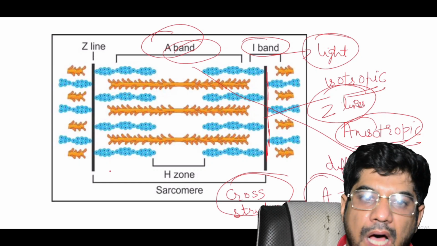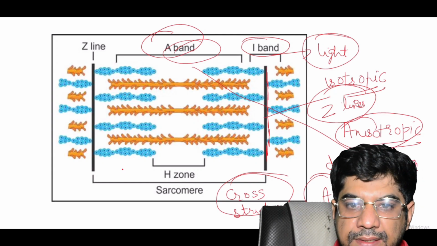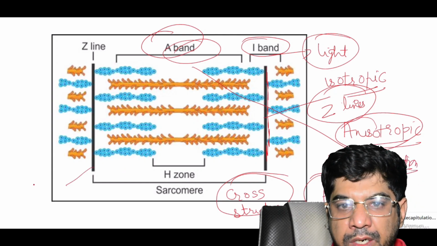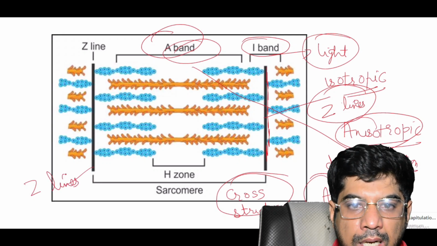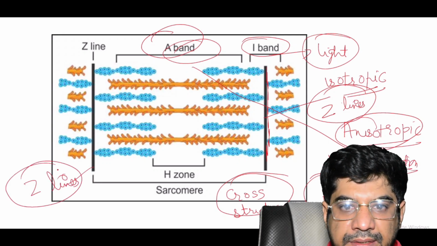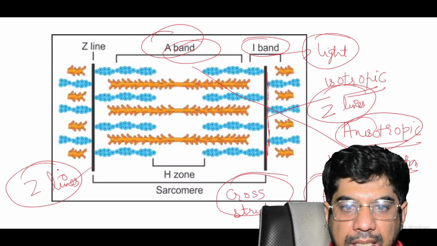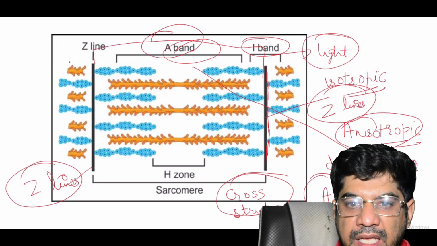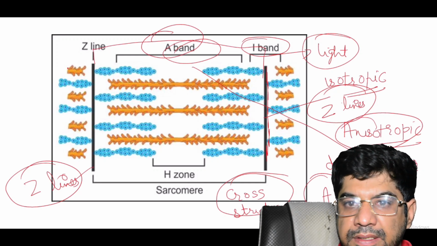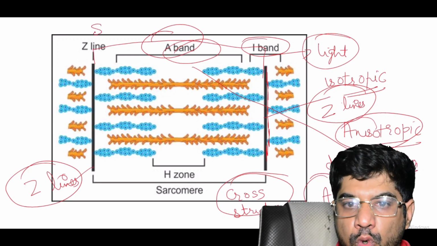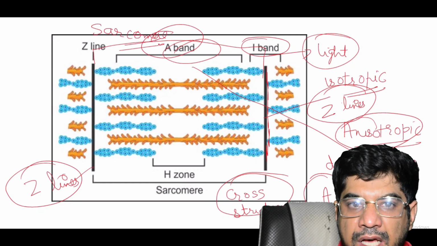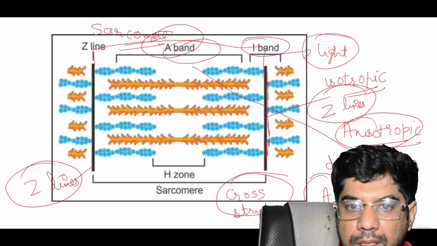So what divides the I band into two portions? A narrow dark line, and this dark line is the Z line. And the portion of myofibrils between the two Z lines is known as the sarcomere.